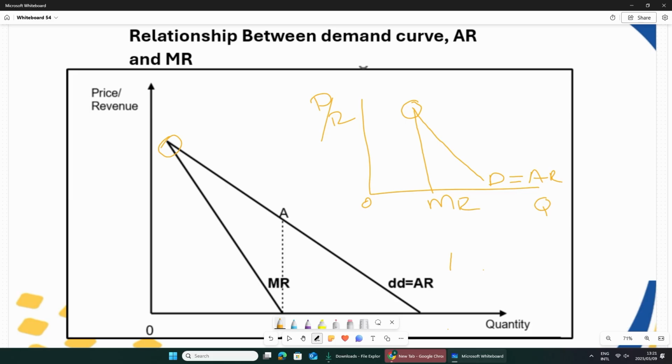But as we move, for a monopolist to sell one extra unit, it has got to reduce its price. So the extra income that is earned, which is the marginal revenue, will be decreasing at a faster rate than the decrease in the price, since the marginal revenue is less than the price.